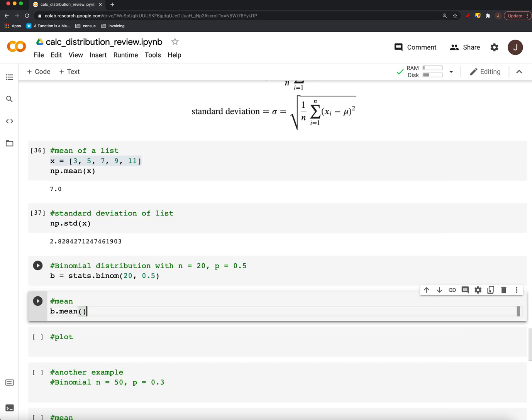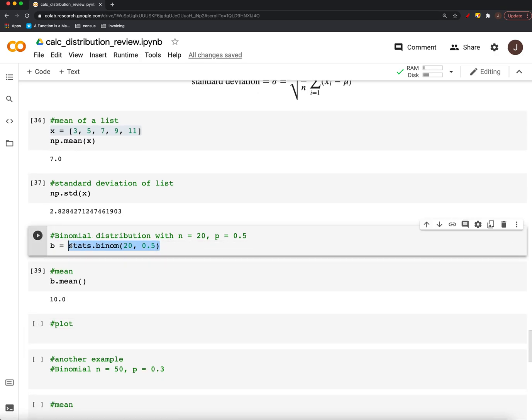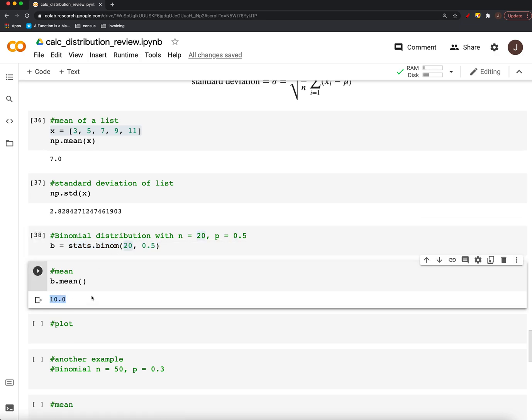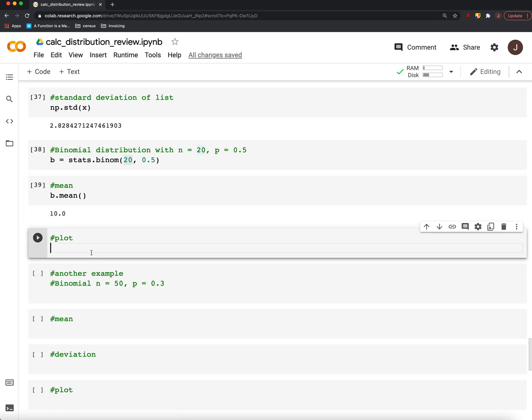Just say b.mean, and we get the mean of this. So that seems to make sense. If we have a 50-50 chance and we do something 20 times, then half of the time is what we should expect in terms of successes.